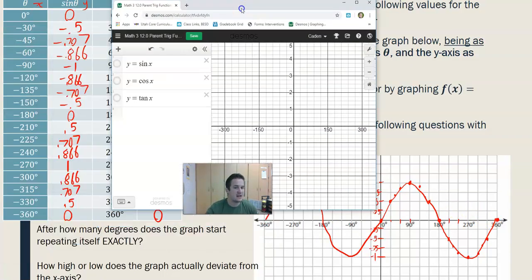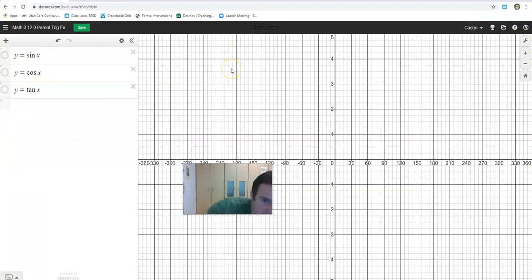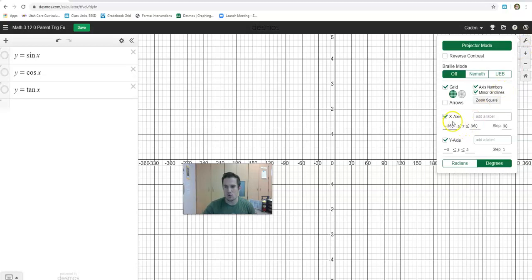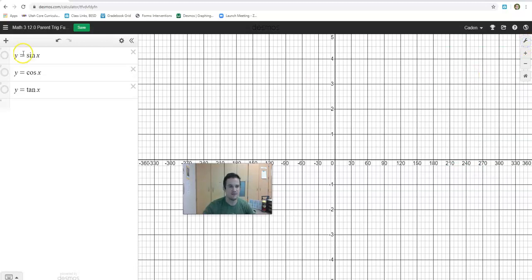But what I have done is I have graphed this in Desmos. And in Desmos, in the settings up here in the corner, you can change how far your x-axis and your y-axis go. So I made my x-axis between negative 360 and positive 360, and my y-axis just between negative 5 and positive 5. So I've graphed y equals sine of x. And look at that.